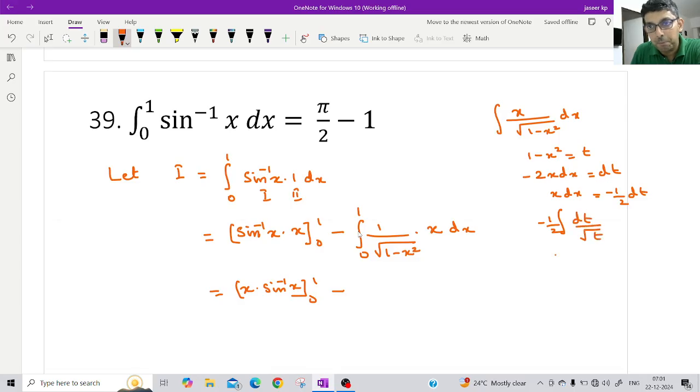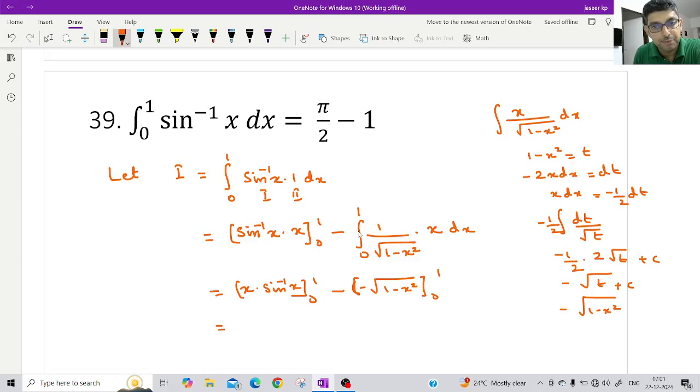So that is minus 1 by 2 integral of 1 by root t, which is 2 root t. So it will come as minus root t, so minus of root of 1 minus x square. Then the limit is 0 to 1.